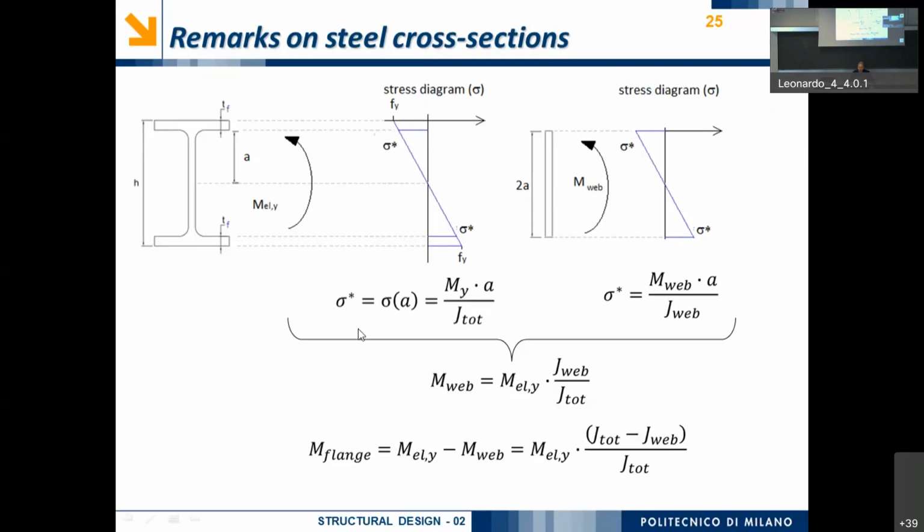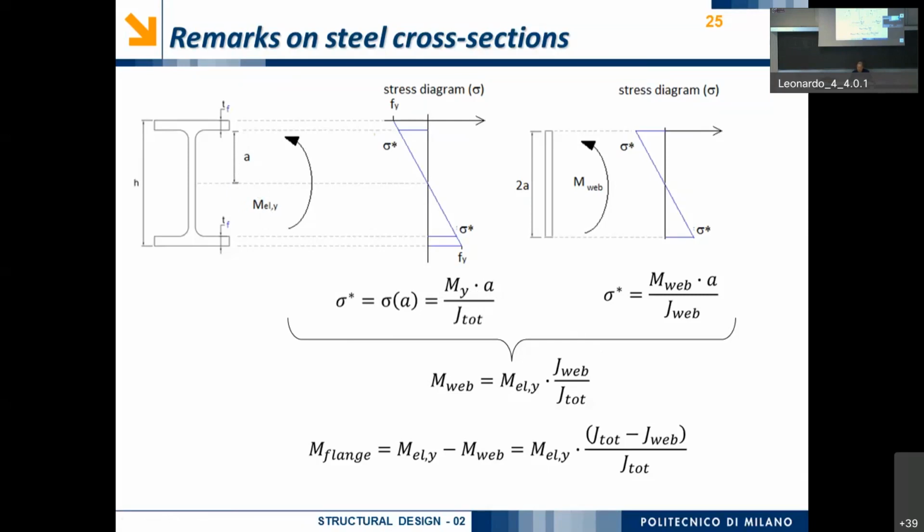The value of sigma star is the value of sigma at the distance a from the neutral axis. So it will be equal to the yielding bending moment, which we know, times a, and of course we know the value of a, over the moment of inertia.